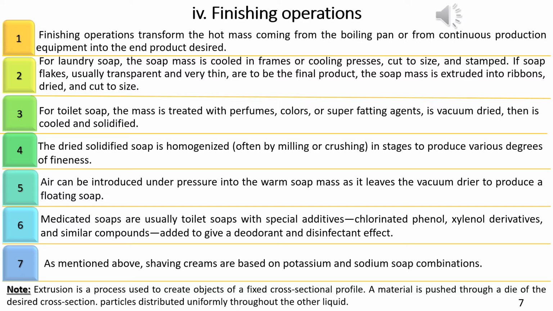Number 4. The dried solidified soap is homogenized, often by milling or crushing, in stages to produce various degrees of fineness. So, after addition of different additives, our soap goes towards the homogenization process. What is homogenization?